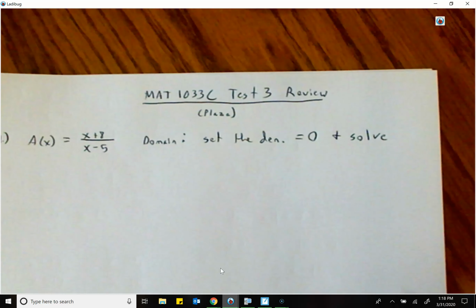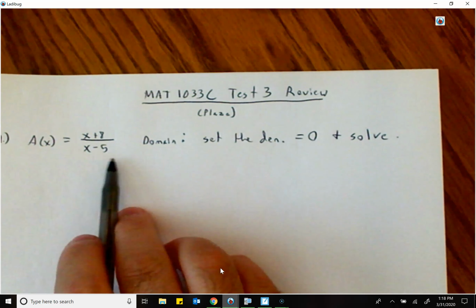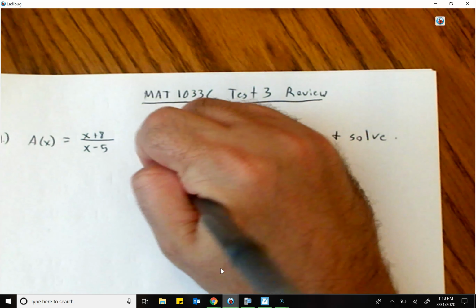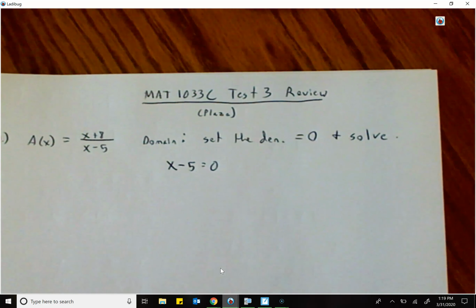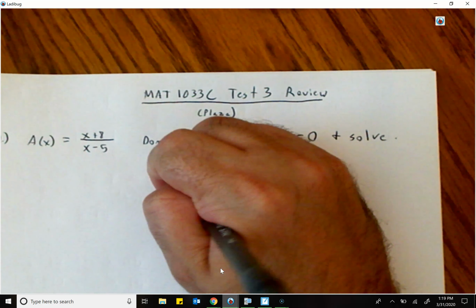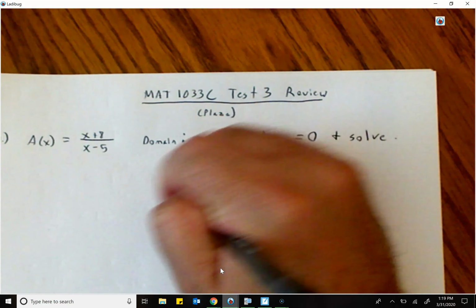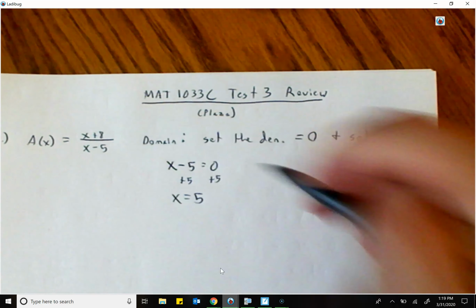Okay? So we're going to set this denominator equal to 0, x minus 5 equal to 0. Solve for x, add 5 to both sides. X is equal to 5.